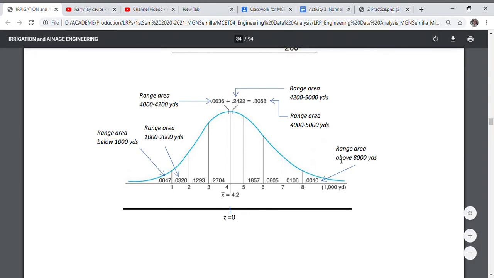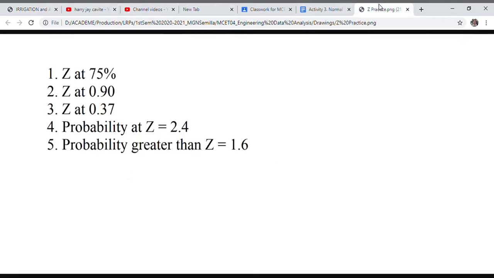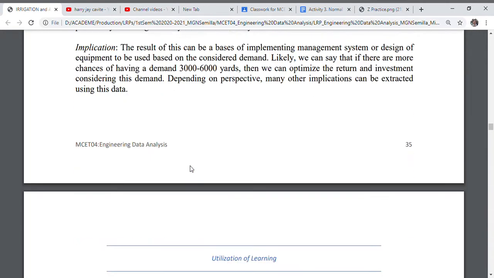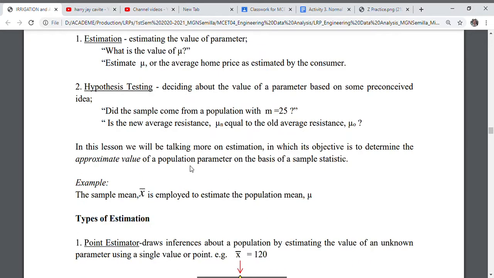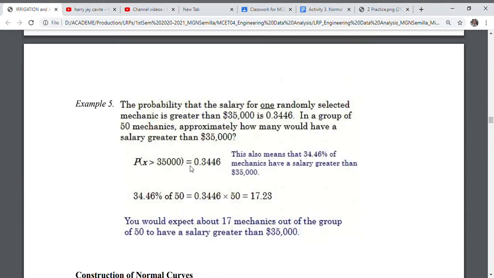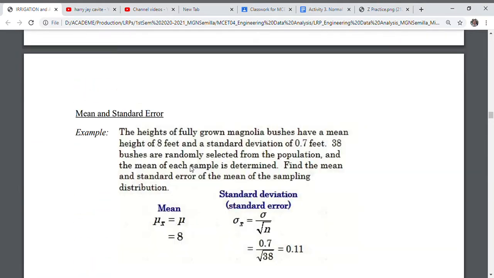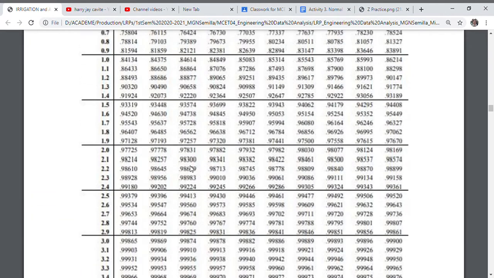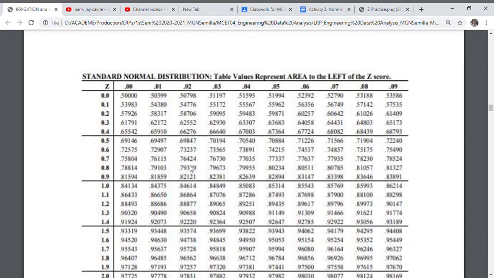Okay, so having that in mind, let us find our Z table here in our manual. Our probability is 0.75, so let us look for 0.75 here.